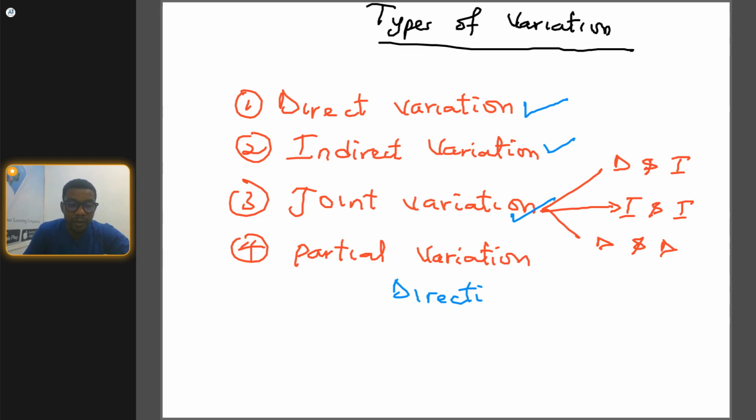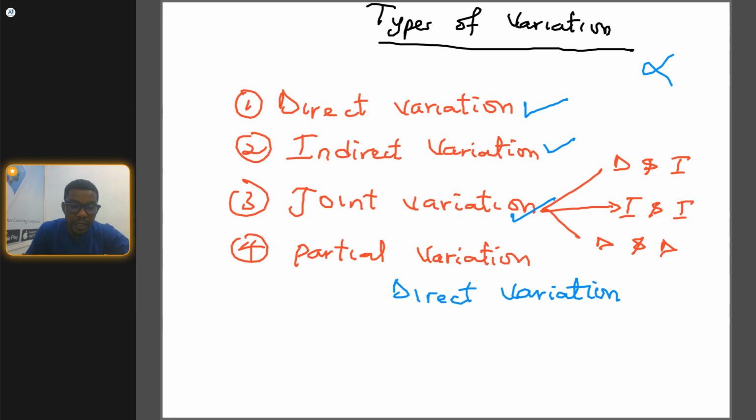Direct variation. Now, this symbol means varies, or it also means proportional.